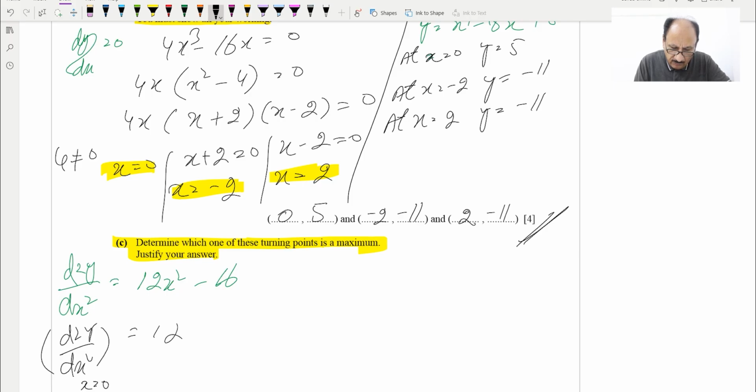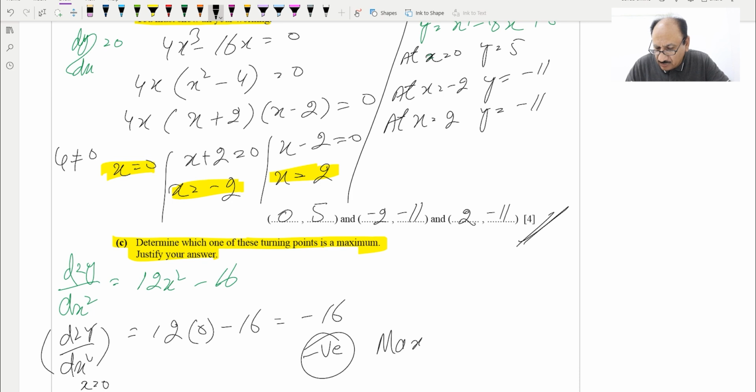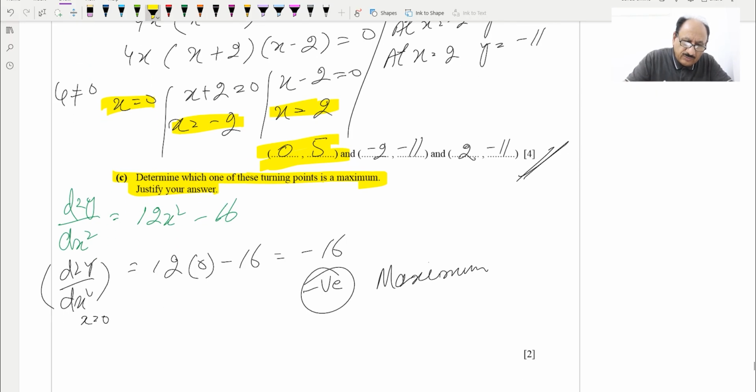This will be 12 into 0 minus 16, so this will be equal to minus 16. And we know that if it is a negative value, this means that this is a maximum. So this value 0 and 5 is our maximum, which we can write here. If you check the other two values, those will not result in a negative answer. So hence this is our answer for 2 marks.